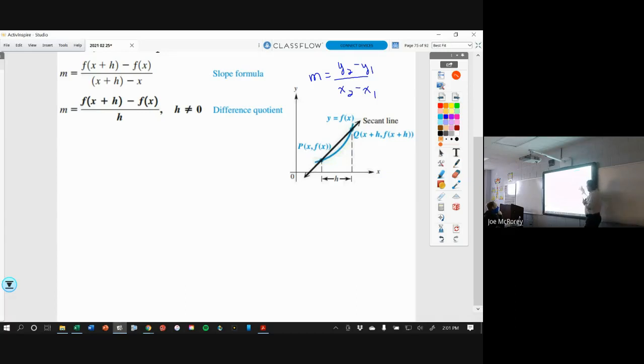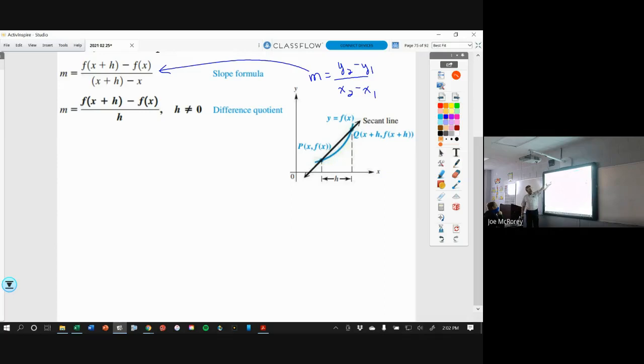The y values here are f of x plus h minus f of x, divided by x plus h minus x. Y'all good with that? This is the slope of that line.